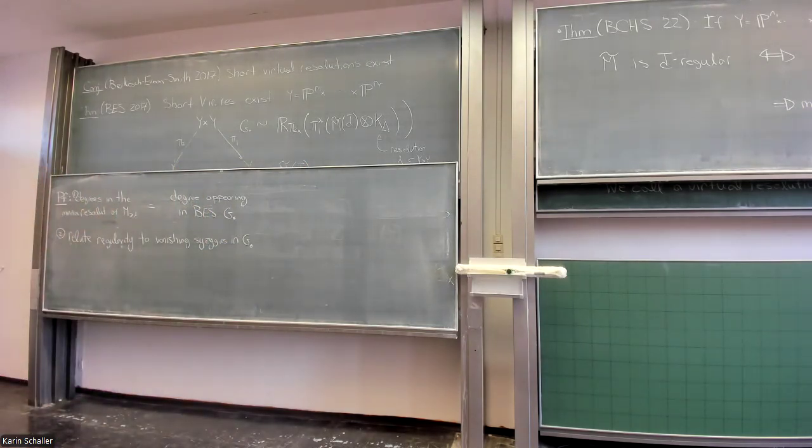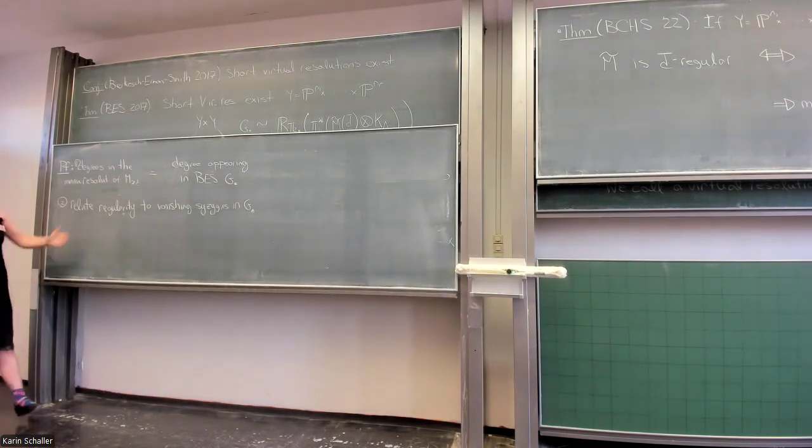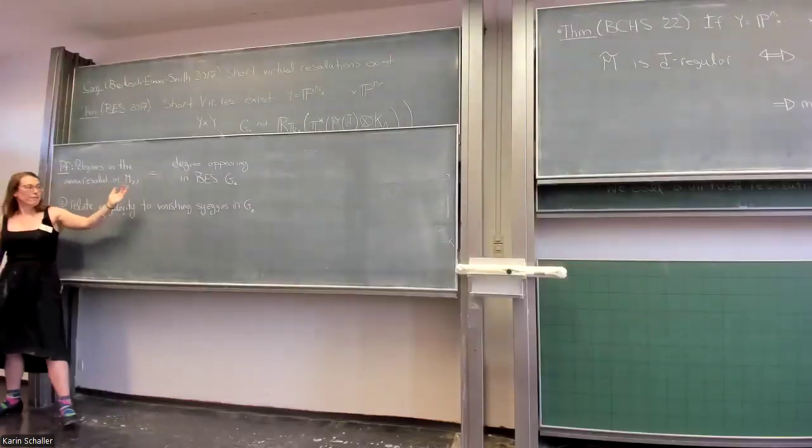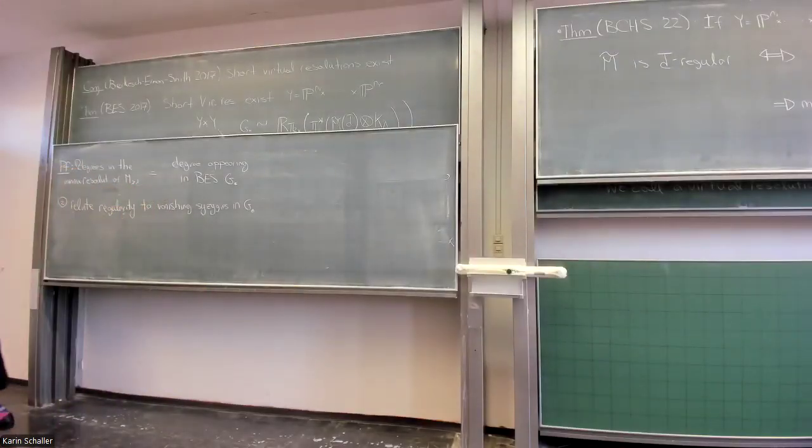When you sheafify, they resolve the same thing. Are they the same? If you're on projective space, of course, minimal free resolutions are unique. Make a little argument. You get this. But it turns out that virtual resolutions aren't unique. And so proving this to be true is much harder.